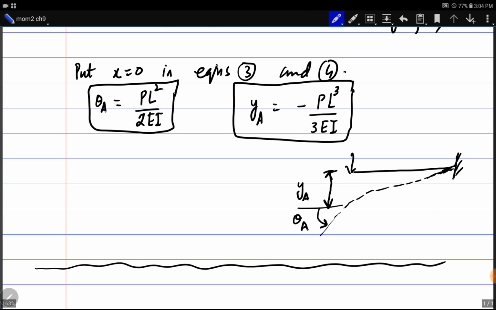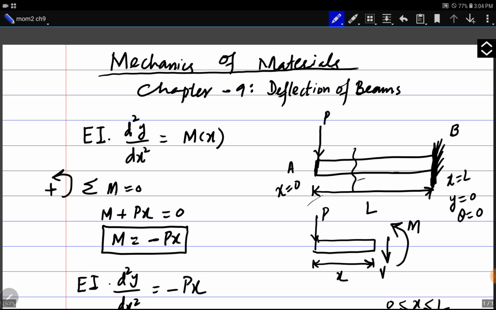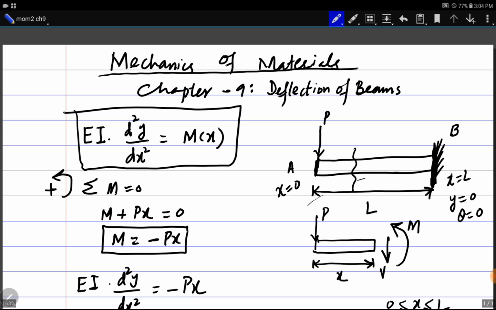What we have done, actually, we have started with this expression. We have to start all the problems with this expression: EI d square y by dx square is equal to moment. Then we have to find the function of moment, which can be found by sectioning the beam between the 2 points mentioned in the statement of the problem.